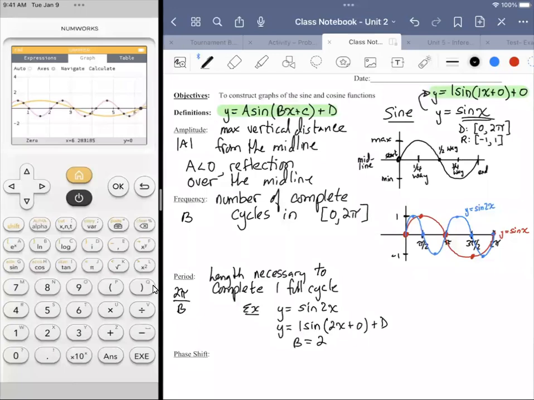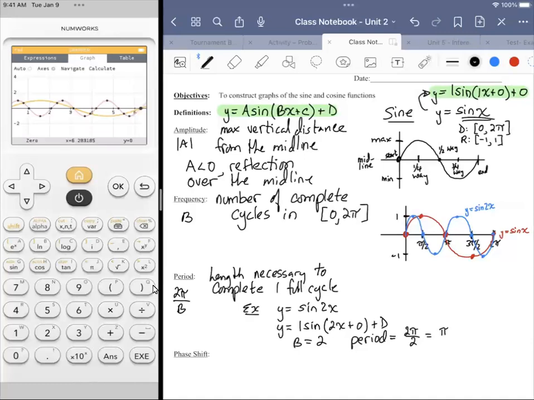So the period is going to be 2 pi divided by whatever that b value is, in this case 2. And that's going to give you pi.